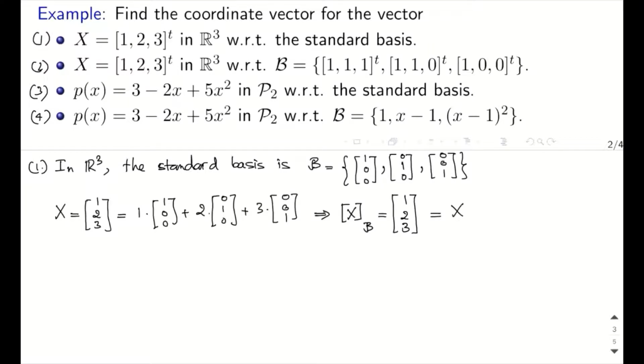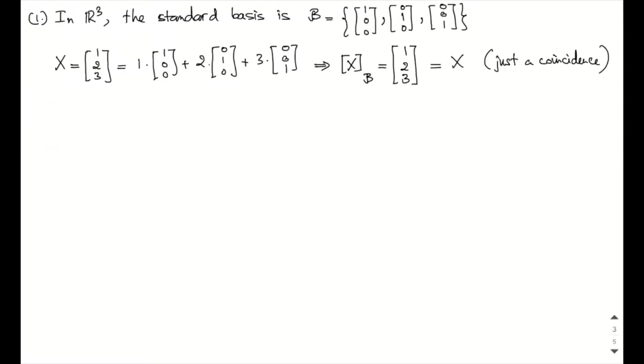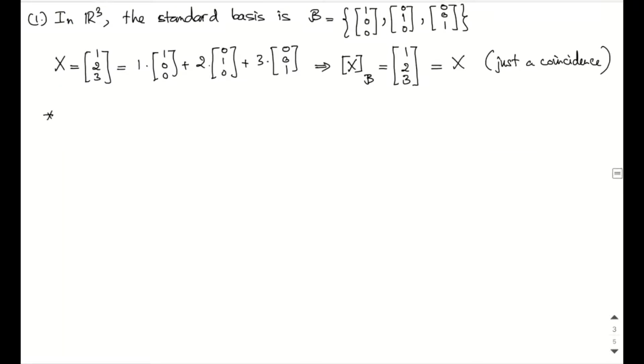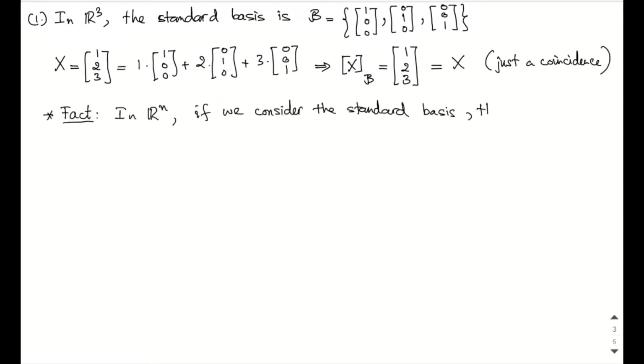This is not quite a coincidence: in Rn, if we consider the standard basis, then the coordinate vector of any vector with respect to the standard basis is the same as the vector, but it has to be the standard basis, and the space has to be Rn.